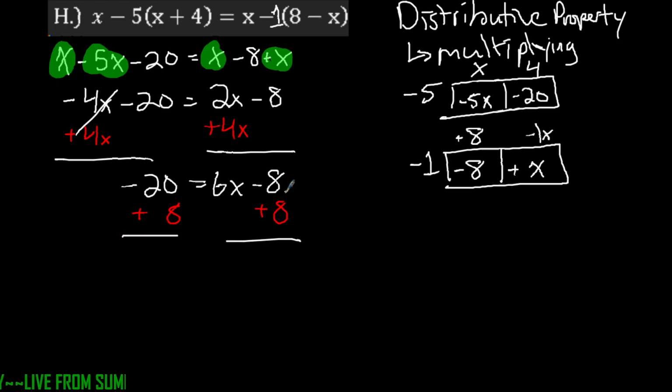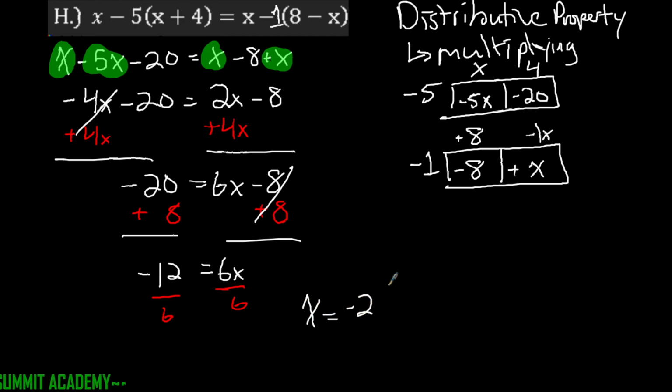The 8's cancel out, the 6 comes down, so I have 6x and then -12. Divide both sides by that coefficient and get my answer. I'm going to say x equals -2. And if you need to, make sure you check on Desmos to make sure your answers are correct, but I'll do that in the next section.